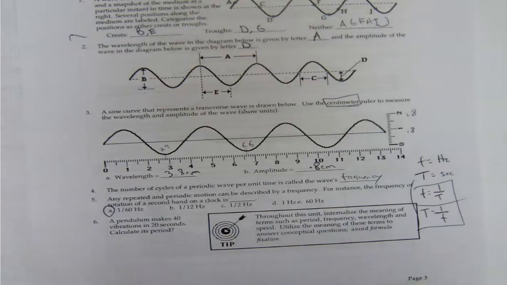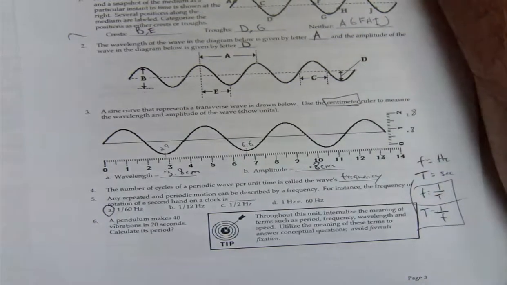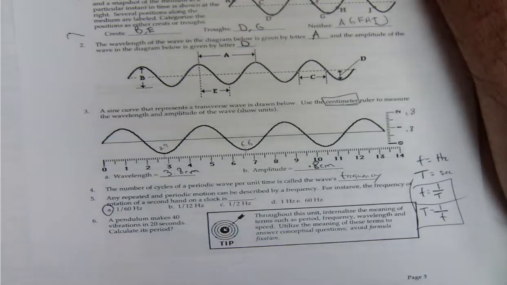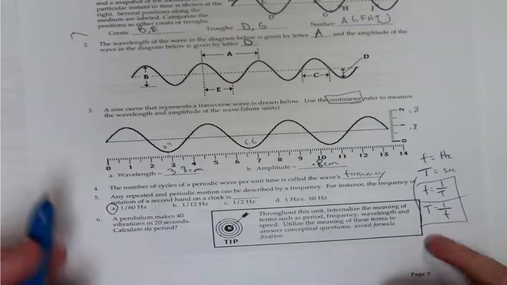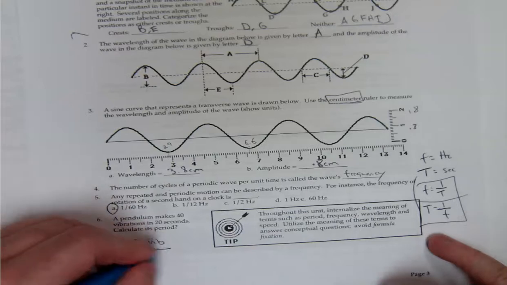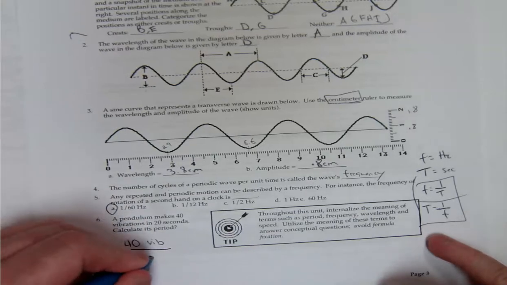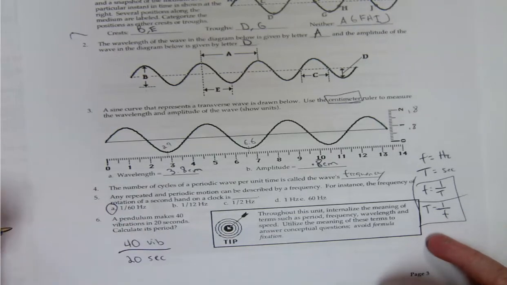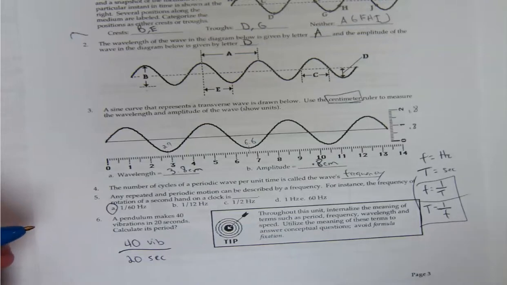All right, a pendulum makes 40 vibrations in 20 seconds. Calculate its period. So we already talked about the formulas. We wrote them off to the side. First we need to figure out how many vibrations it's making in 1 second. That's pretty much what we need to solve. So we know if it's making 40 vibrations in 20 seconds, we need to find out how many vibrations it's making in 1 second, right?